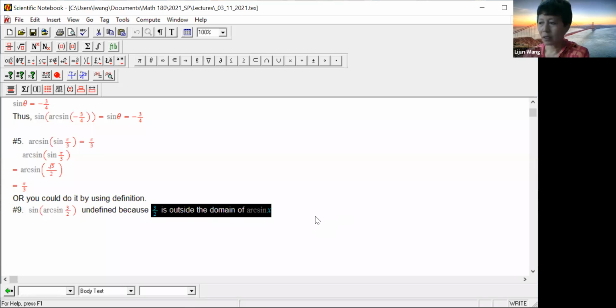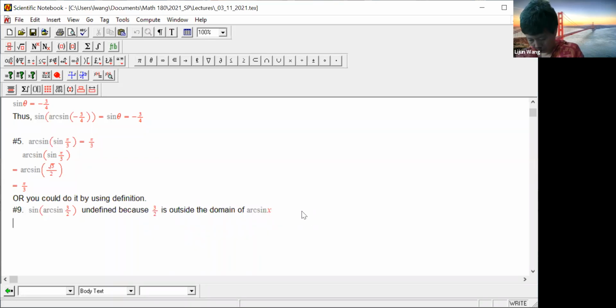Okay, so let's look at number 15. Very good effort. Okay, number 15. We have arc sine of sine of 3π/4. Okay, I'm going to make this a little bit larger.